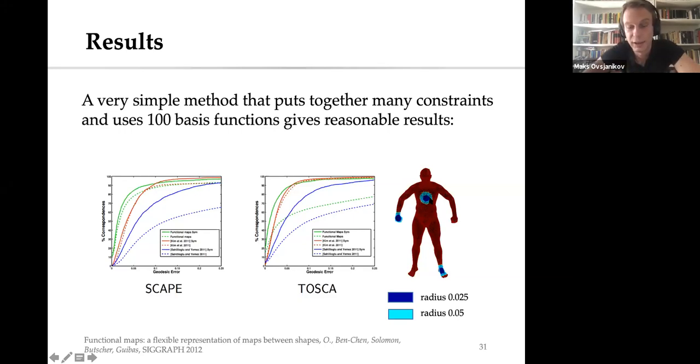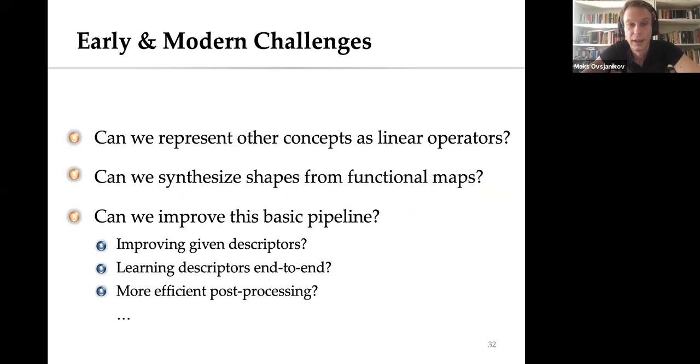So it's not amazing by any means, but it's reasonable, and often it's good enough to get you started to do some non-rigid alignment. Of course, this is a relatively old result now, and we can do much better. So this was the beginning of my story in some sense.